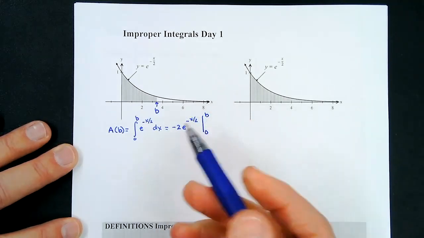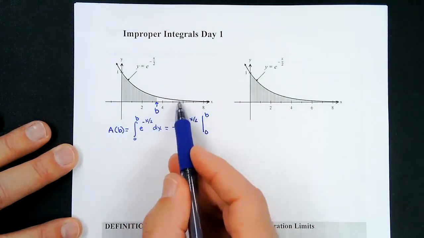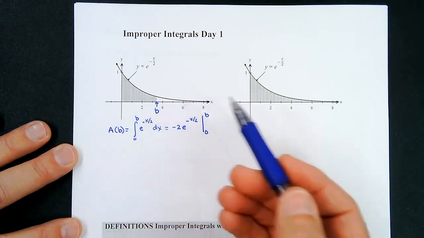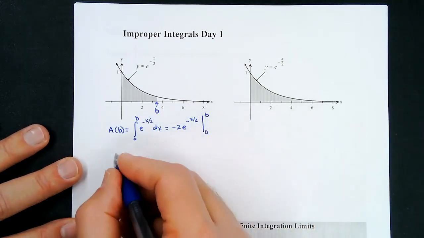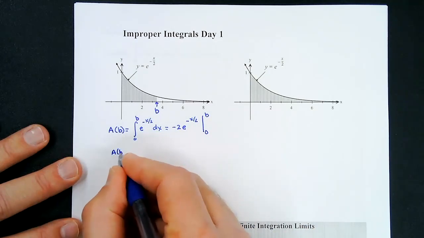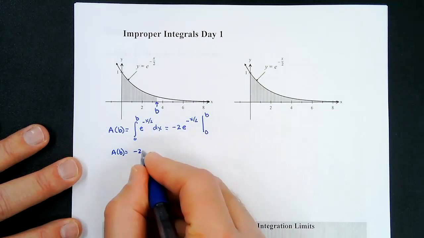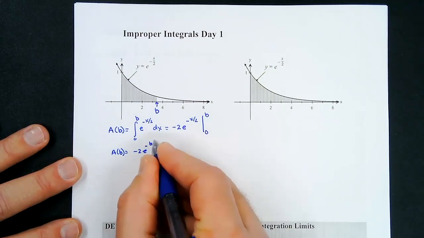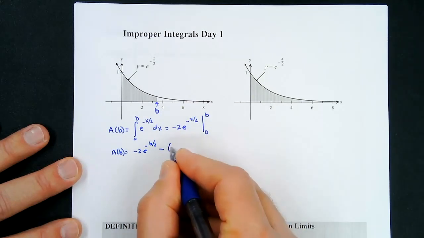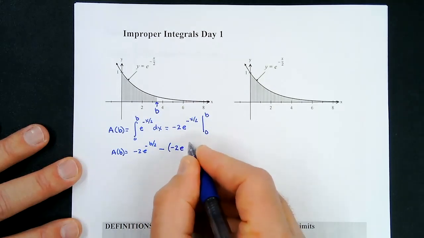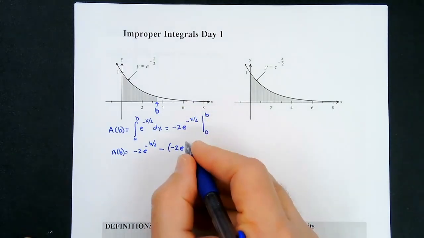We can use this to stop the integral wherever we want, and let's call it b. So if we evaluate this, A of b becomes, we put b in, negative 2e to the negative b over 2, and then minus, we put 0 in, negative 2e to the negative 0 over 2.